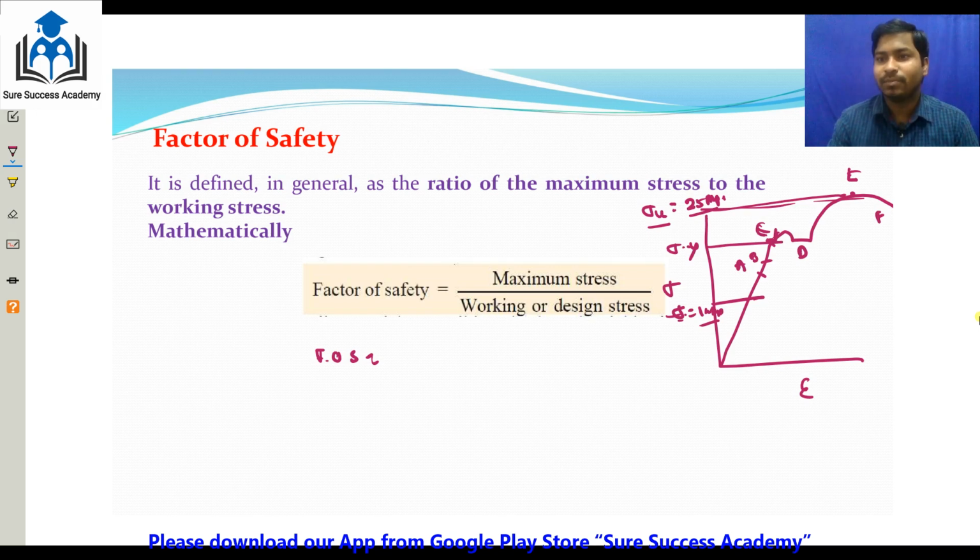That doesn't matter, but the working stress should be less than that. Suppose I take the ultimate stress: 250 divided by the working stress of 100. How much is that? 2.5. So the factor of safety is always greater than 1, since the maximum stress is more. Okay.